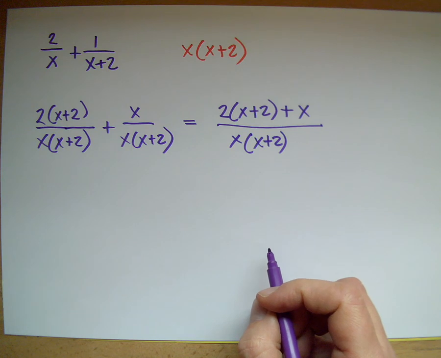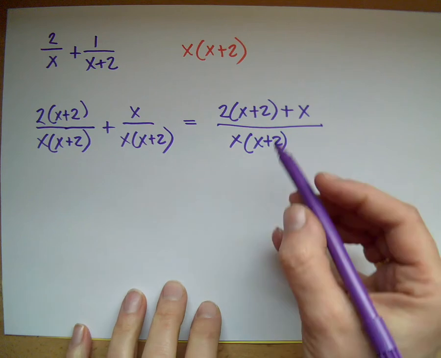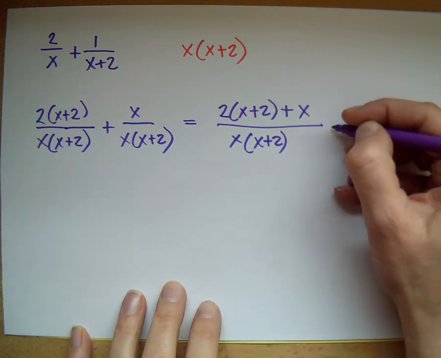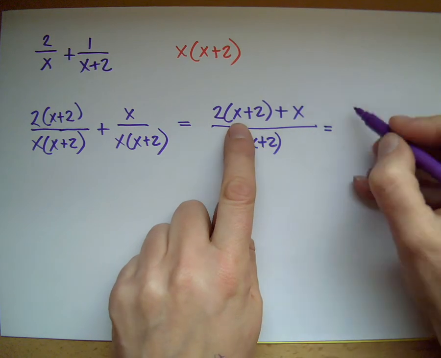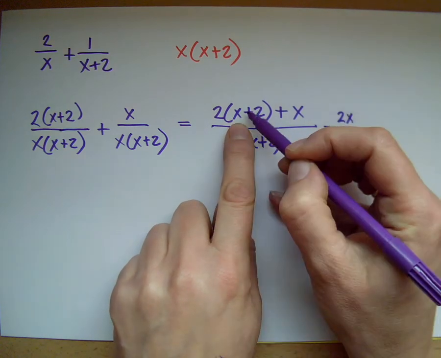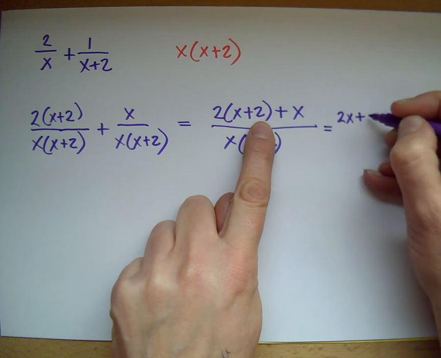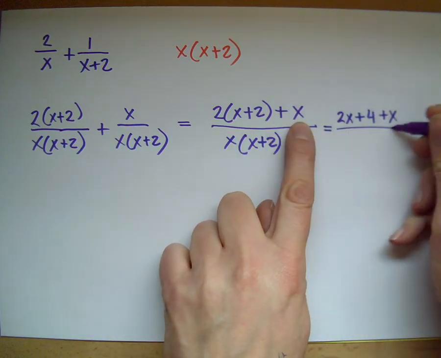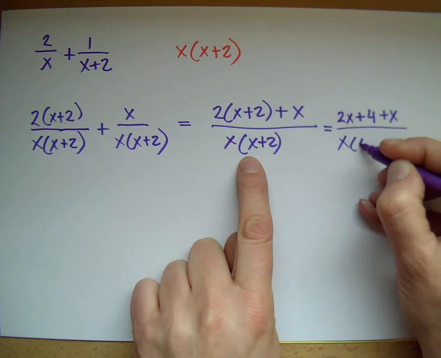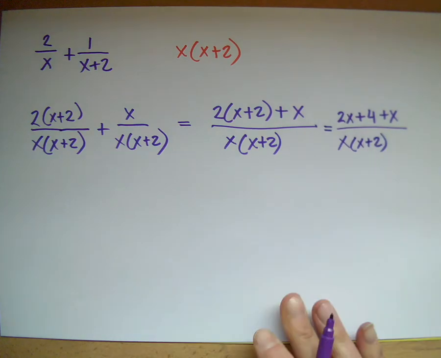Right? Yes, we are. Okay, so does that fit behind here? I hope so. 2 times x plus 2 times 2 is 4 plus x, right? Once again, divided by our nice common denominator.